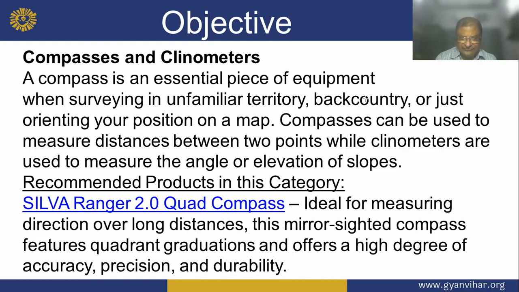Now, the SILVA Ranger 2.0 quad compass. It is ideal for measuring direction over long distances, and this mirror sighted compass features coated graduation that offers a high degree of accuracy, precision, and durability.